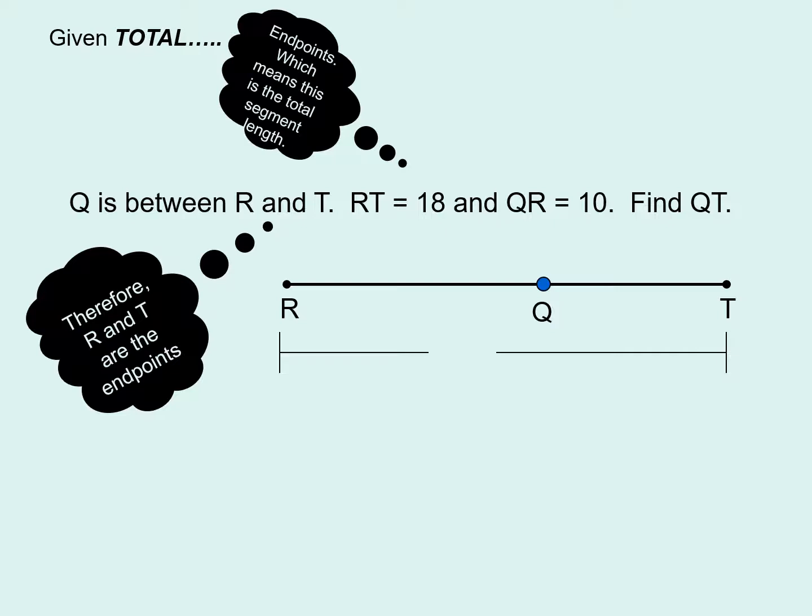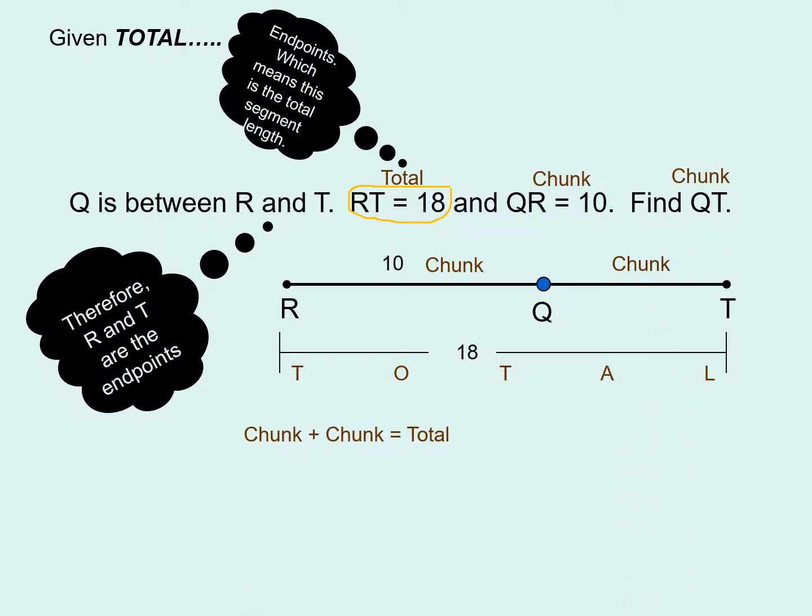RT, this first piece of info, is the total segment length because R and T are the endpoints. So you know the total is 18 and you know that the first chunk is 10 units, and you don't know what QT is.